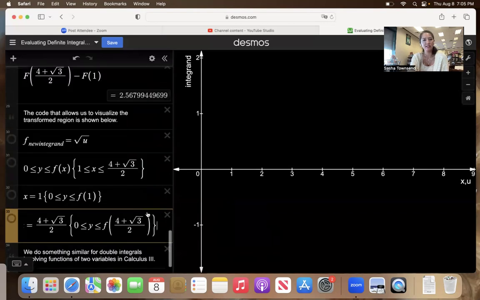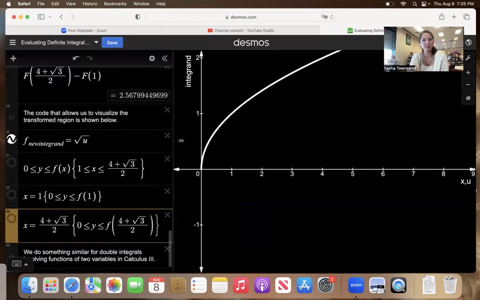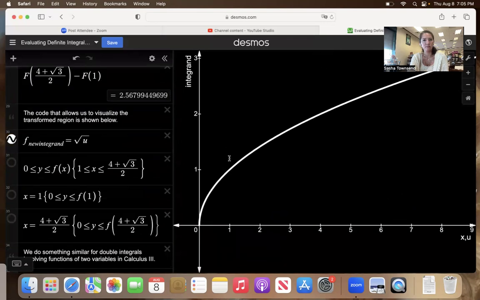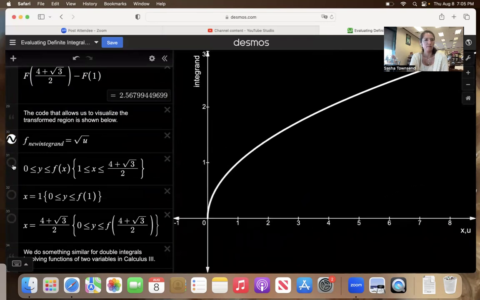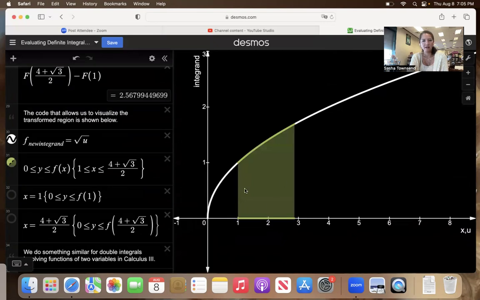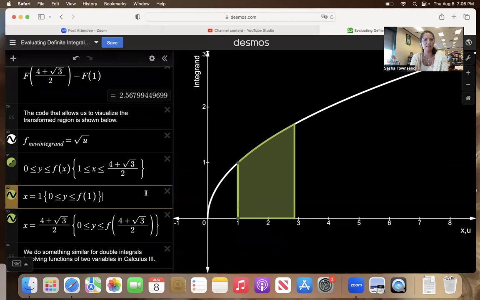So how can we visualize that? Well, here's our function. It's just a square root function. We're interested in that area right there. And the claim is that that area is that 2.568.